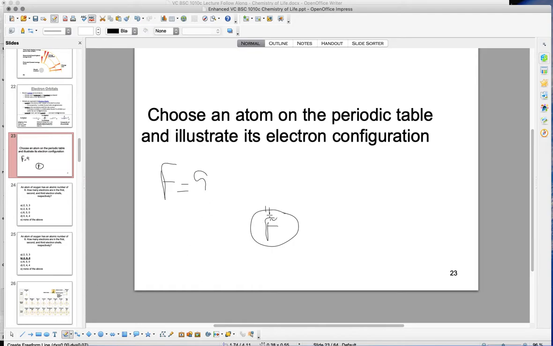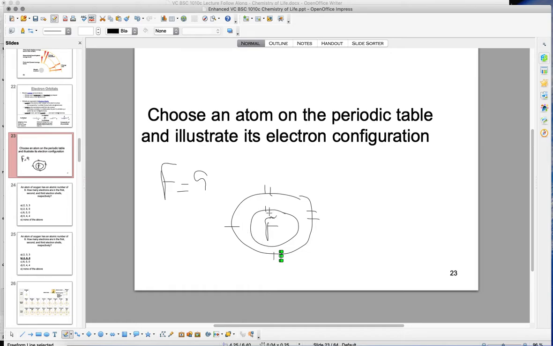So we have 1, 2 in the first shell, and then the way the second shell fills up, it goes like this. We do 1 for each orbital at a time. I didn't want to just do it shorthand like that. The better way is to fill up each orbital 1 at a time. So they'll go 1, 2, 3, 4, and then 1, 2, 3, like this.